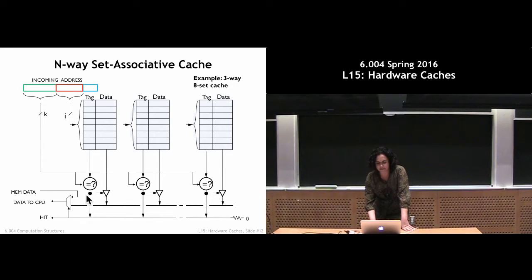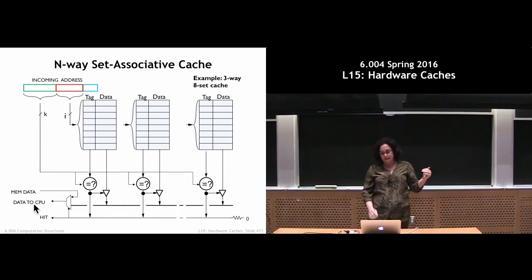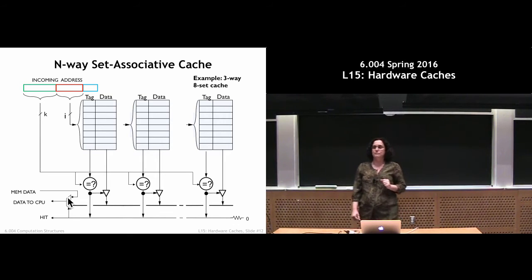And so if there's a hit, then it will allow the data to come out from here onto this bus over here, which is then going to feed the data back to my CPU. And so whichever one of my ways resulted in a hit will feed the data back. And if none of them resulted in a hit, then my multiplexer here is going to say, oh, you have to go get your data from memory. Okay?